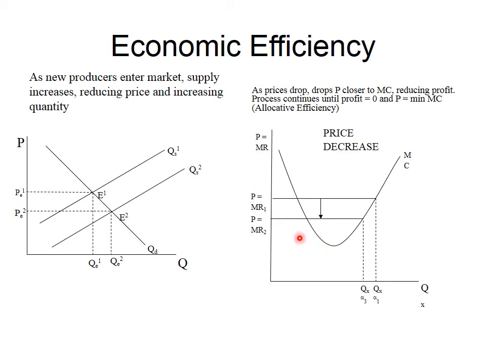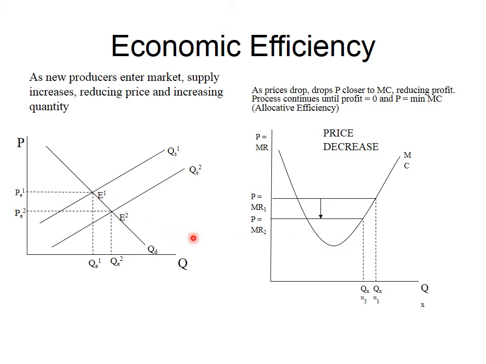This process continues until the price slides all the way down to where price equals marginal cost, the minimum level, at which point any firm that is not able to produce at that low marginal cost is going to fail, and as they fail, the supply curve will then start to shift back up the demand curve.